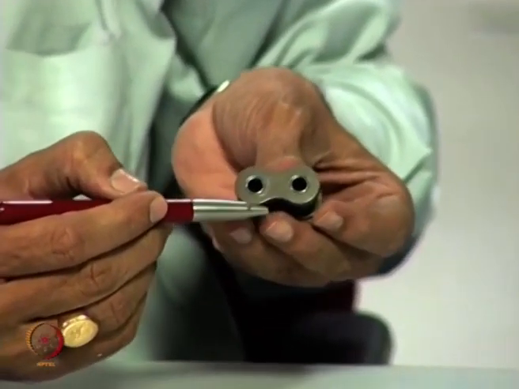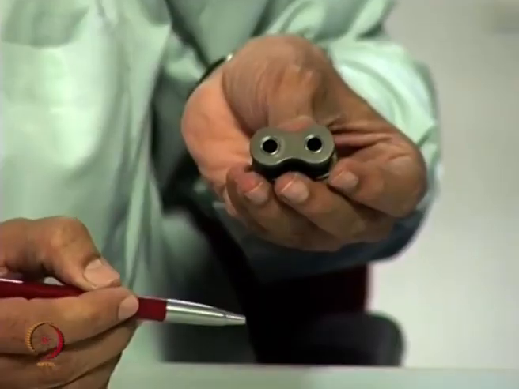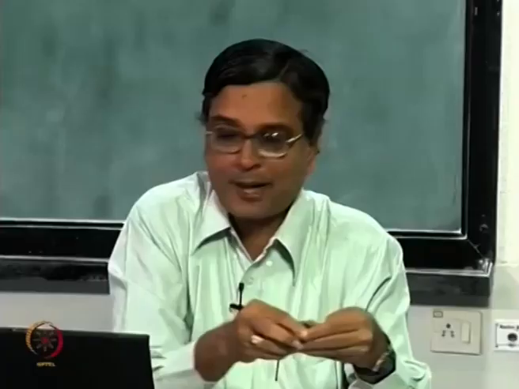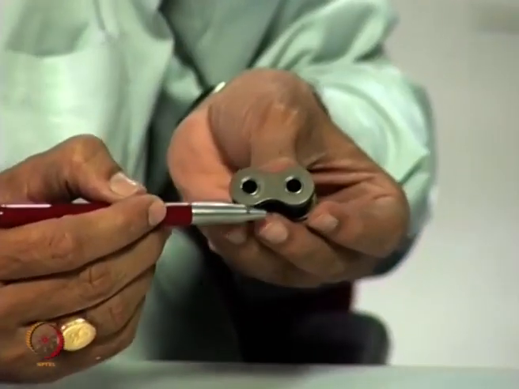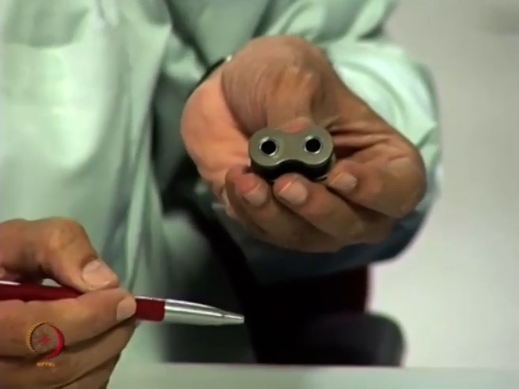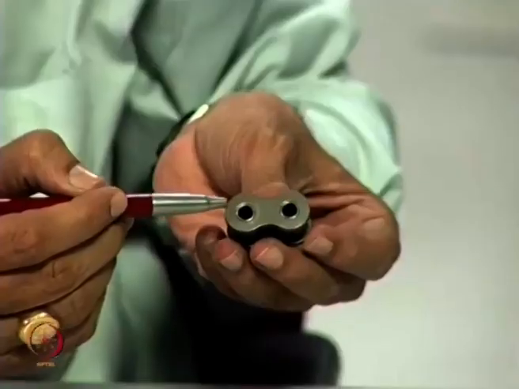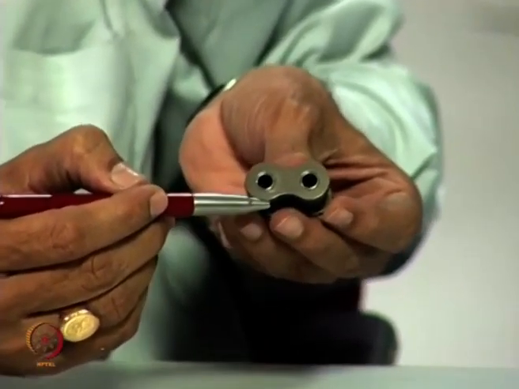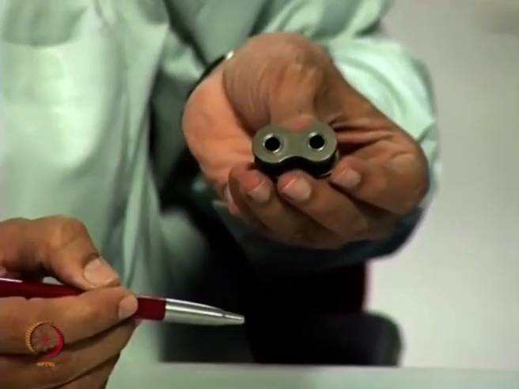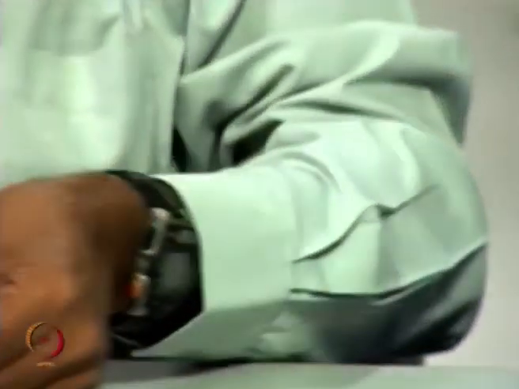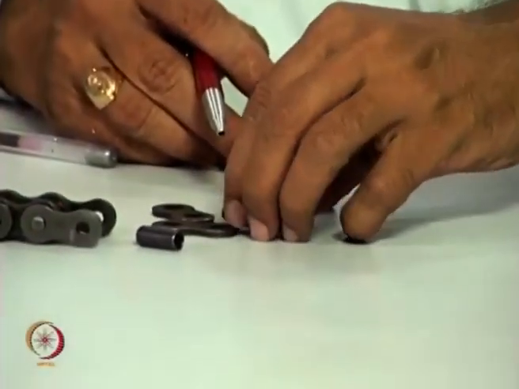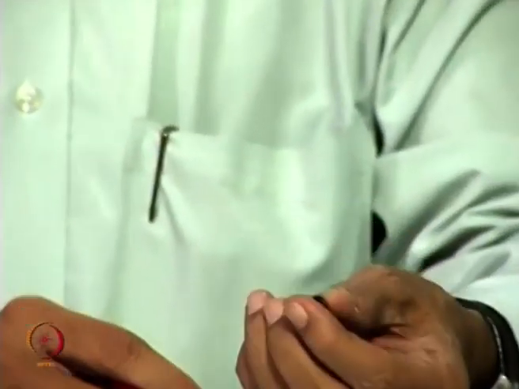So, this is done with an interference fit. Apparently I do not have any external load on this chain link, but because of the way it is manufactured, you have stresses developed, you have a bush here, you have stresses developed very prominently here, and they are comparable to the service loads. The stresses developed are not small in value, they are comparable to the service load.